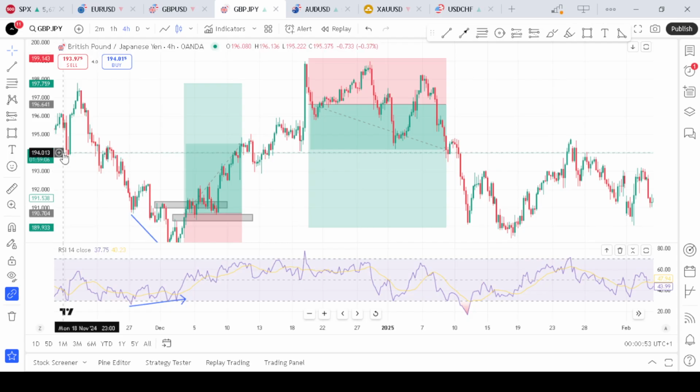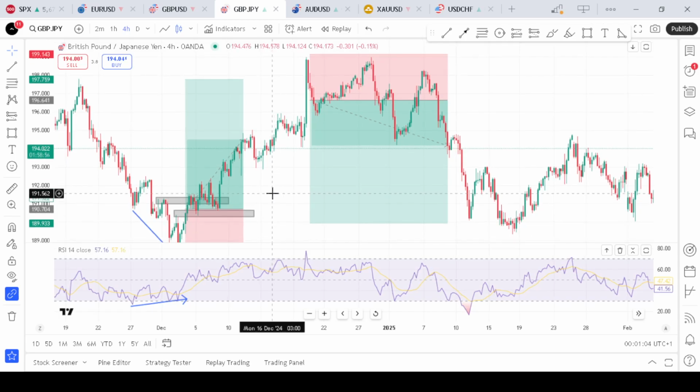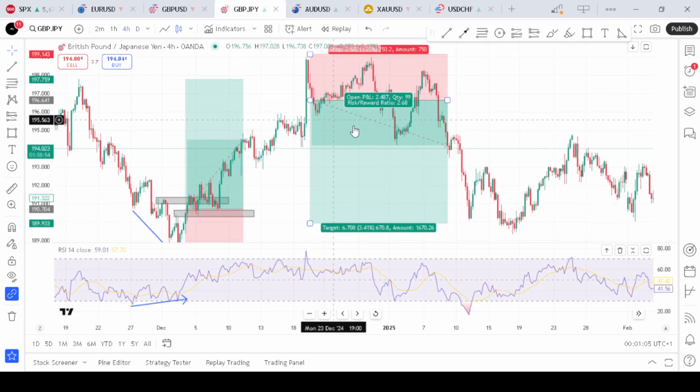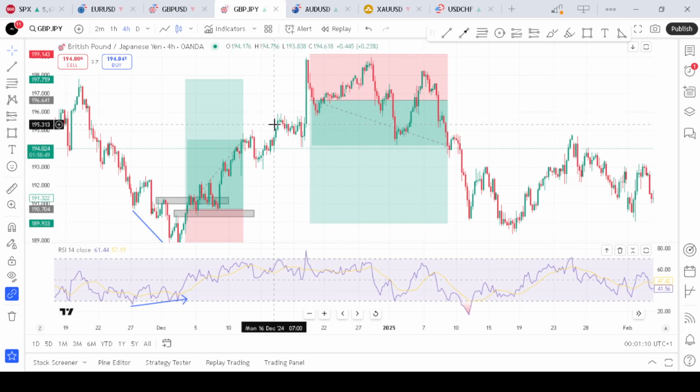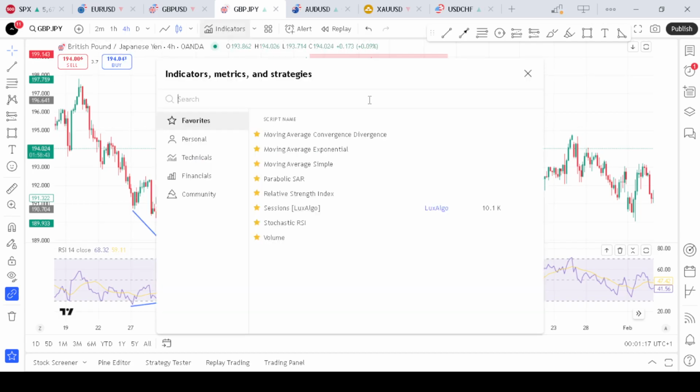Now, to enhance the strategy further, you can consider using the RSI with complementary indicators such as the Bollinger Band or moving averages. For instance, if the RSI shows an overbought condition and the price touches the upper part of a Bollinger Band, let's quickly add our Bollinger Band to make it easier to understand.